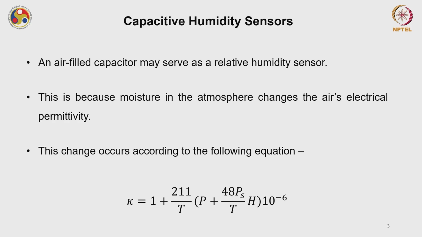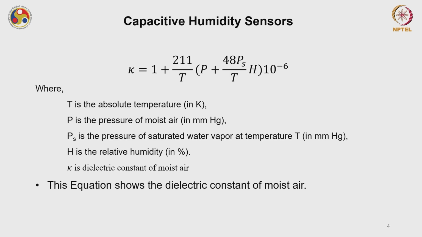This is an empirical equation which governs the relative humidity of air's moisture. Here kappa is the dielectric constant of moist air, and it is typically equal to 1 plus (211/T times P plus 48 PS/T times H) multiplied by 10 to the power minus 6, where T is the absolute temperature in Kelvin, P is the pressure of the moist air in millimeter mercury, PS is the pressure of the saturated water vapor at temperature T, again in millimeter Hg, and H is the relative humidity in percent.